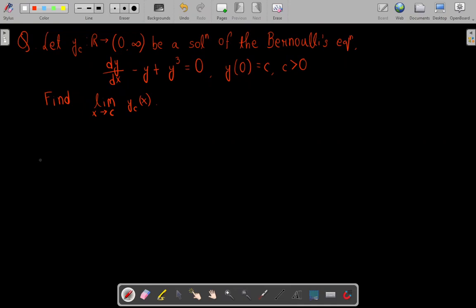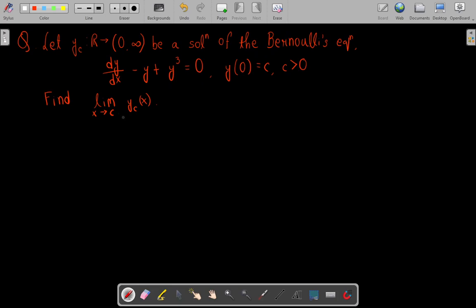Hello everyone. In this question, it is asked that y_c is a function which goes from R to (0, infinity), which is a solution of the given Bernoulli's differential equation dy/dx - y + y cubed = 0, and the initial condition is y(0) = c, where c is a positive real number, c greater than 0.